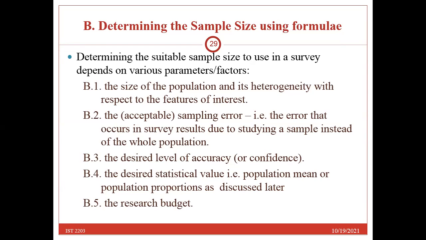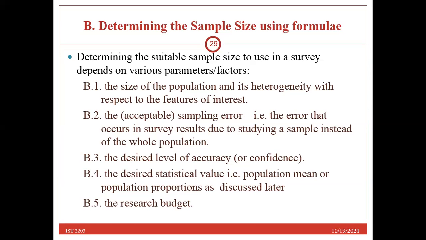Are you looking for the population mean, or are you looking for the proportion? Lastly, your sample size does depend on the budget. So no matter what you've calculated, finally your budget dictates what to do. Even if the table told you 300, but your budget can't do 300, then you may reduce the sample size.